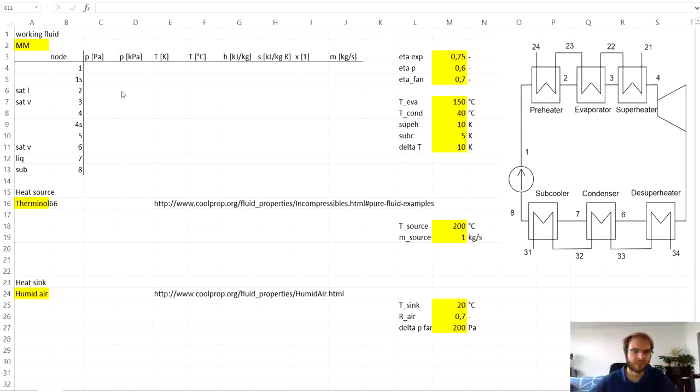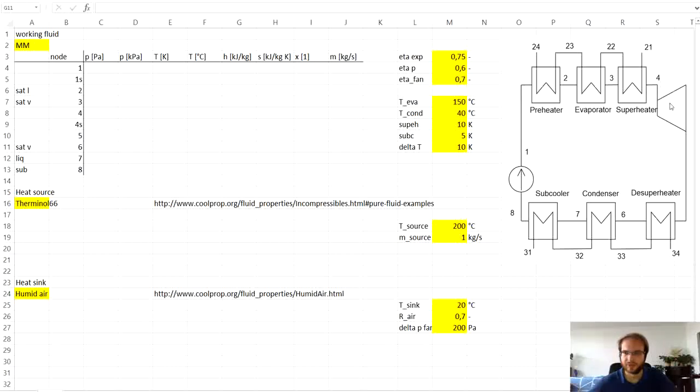First, I've prepared here a table where we have nodes of the organic Rankine cycle illustrated on the diagram over here. We have the pump, after the pump point 1, and then the heat input is divided into 3 distinct sub-heat exchangers: preheater, where the working fluid gets heated up to the saturated liquid level, then the evaporator, where the fluid evaporates, and superheater, where obviously the fluid gets superheated.